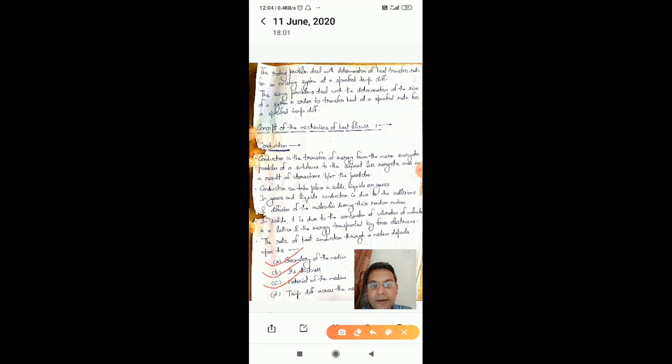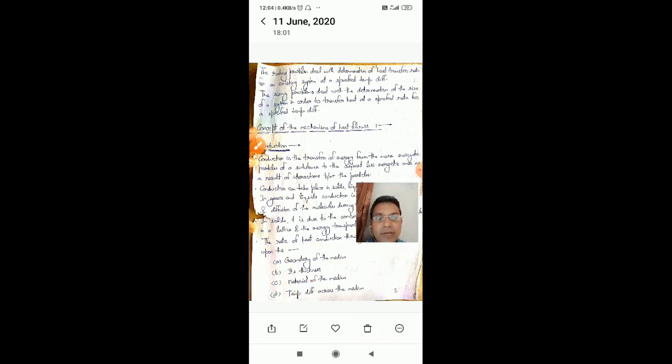And the next point is the temperature difference across the medium. That means the temperature difference from one end of the medium to the other end. If you are heating one end of a rod and the other end is at the same temperature, for example, then it will take a longer time to transfer that amount of heat, because they are at approximately the same temperatures.